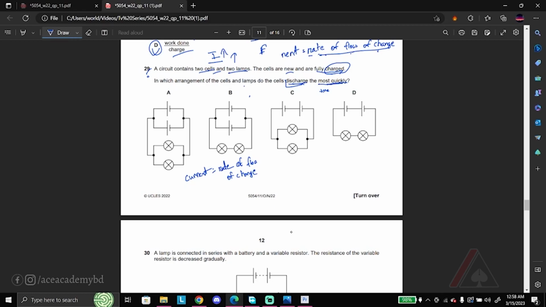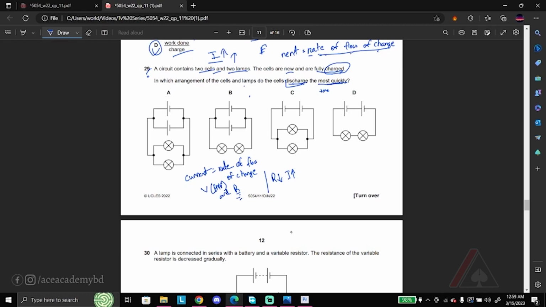For the current to be highest, we need to consider two factors: the voltage or the EMF, and the resistance of the circuit. Let's work on resistance first. As the resistance decreases, the current increases. So let's find the circuit where the resistance is at the lowest value.